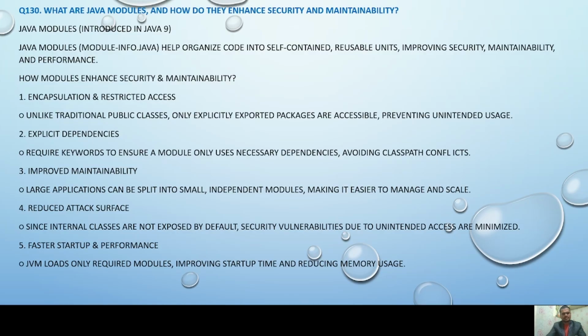Reduced attack surface: since internal classes are not exposed by default, security vulnerabilities due to unintended access are minimized. Faster startup and performance: the JVM loads only required modules, improving startup time and reducing memory usage.